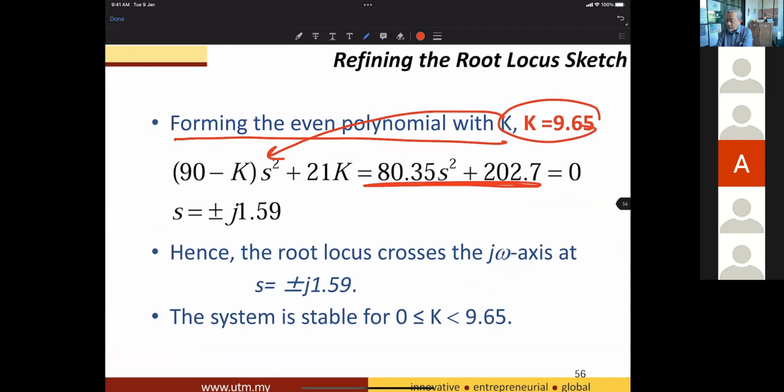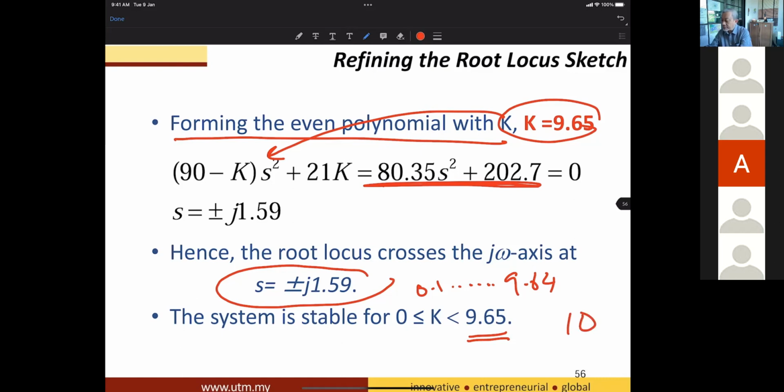Hence the root locus crosses the imaginary axis at plus minus j1.59, and the range of stability for the system is 0 less than K less than 9.65, meaning from 0.1 until 9.64 it is stable. When it is equal to 9.65 it is critical. When it is equal to 10 it is unstable.